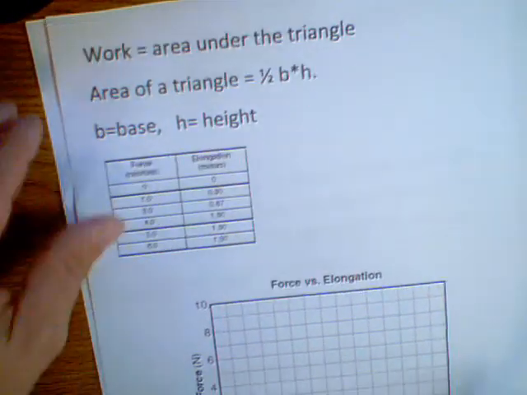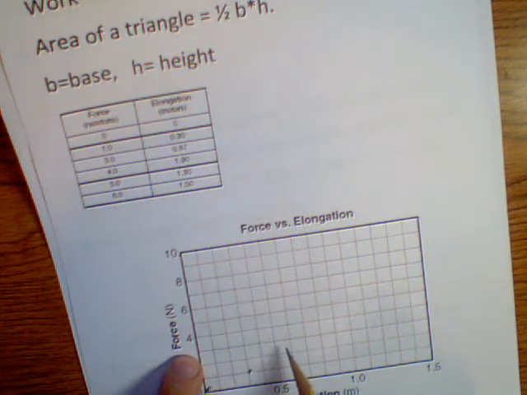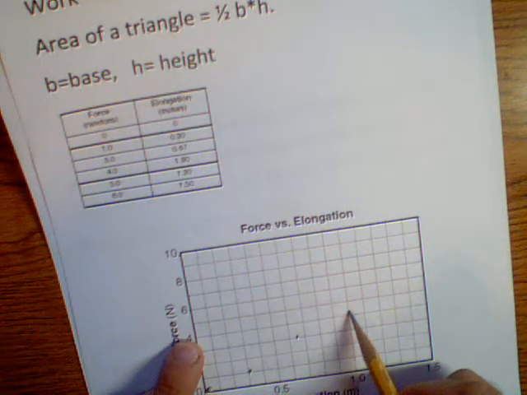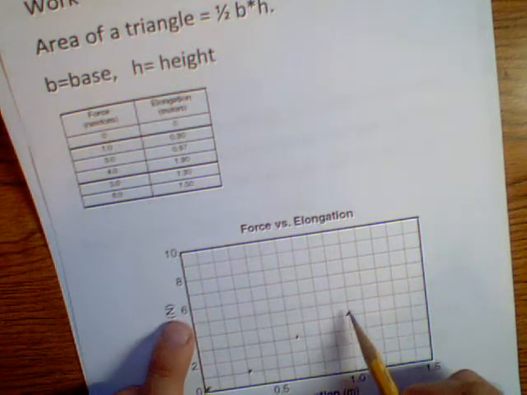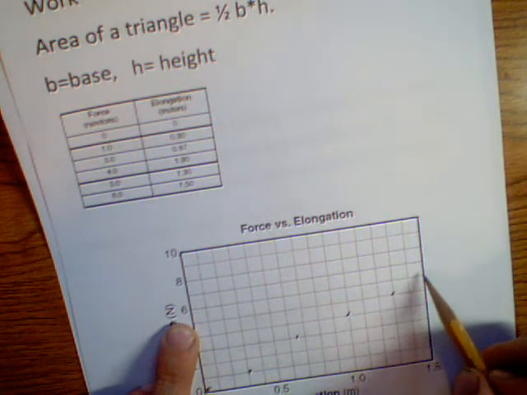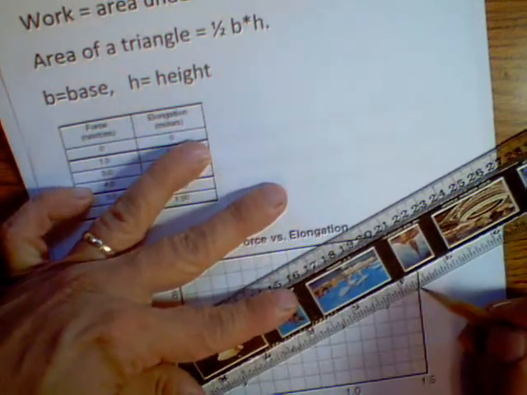If we plot this data, it shouldn't take us very long. Force is 1.3, 3 and 6.7, 4 and 1, 5 and 1.3, and 6 and 1.5. And we do draw a line of best fit.